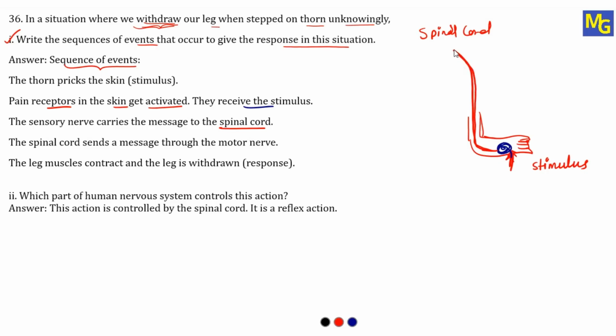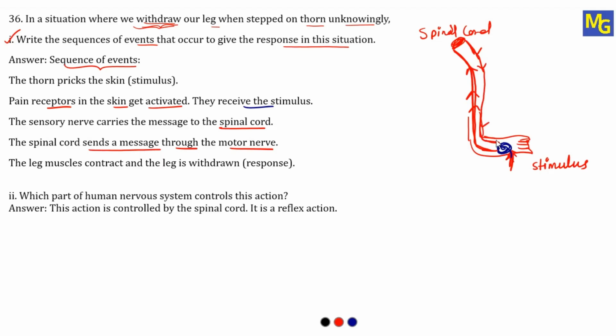Once the message comes to the spinal cord, it will work on the message and pass the information back through the motor nerve. So the next step: the spinal cord sends a message through the motor nerve. See, I am drawing the arrows. These arrows are showing the signal being carried toward the spinal cord. The spinal cord will work on this stimulus and send back the message through motor nerves. See, these are the motor nerves coming back.